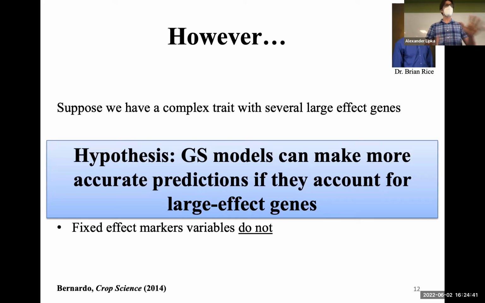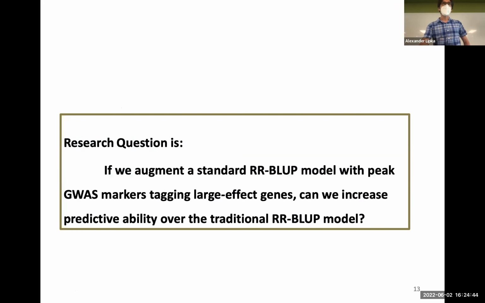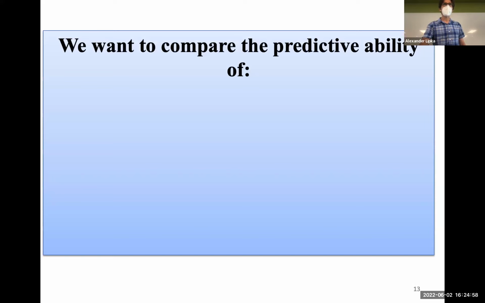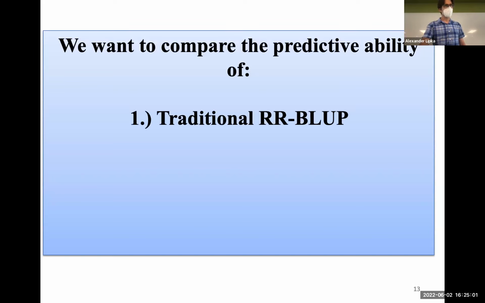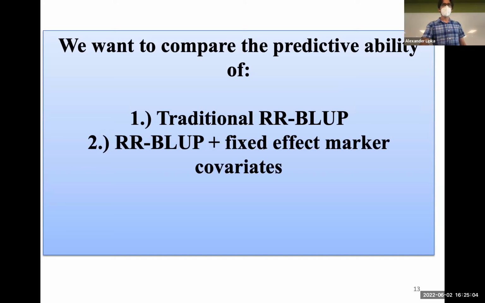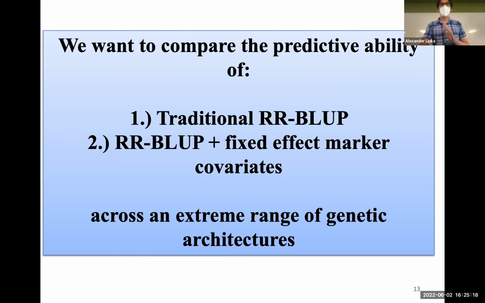That was our working hypothesis. So the research question was, if we augment the standard RR-BLUP model with peak GWAS markers that tag these large effect genes, can we increase the overall prediction accuracy? We compared a traditional RR-BLUP model versus an RR-BLUP model with fixed marker effect covariates. Again, we would run a GWAS in the training population and include the peak associated markers as fixed effects. And we did this across a wide range of genetic architectures.